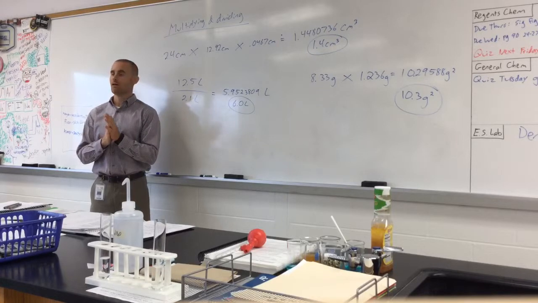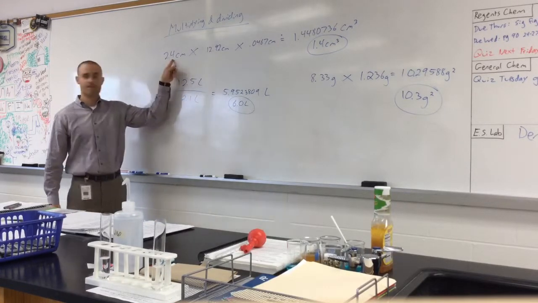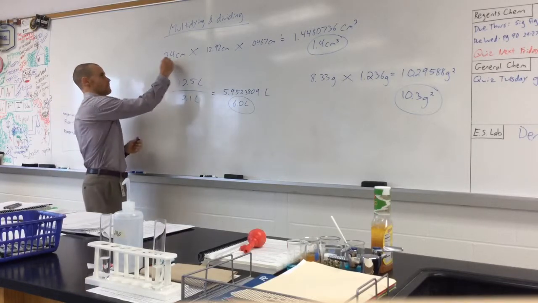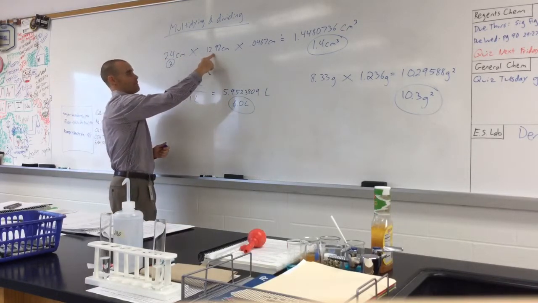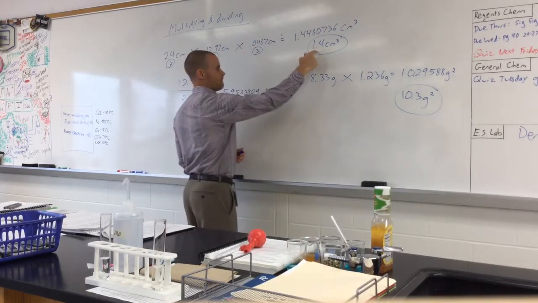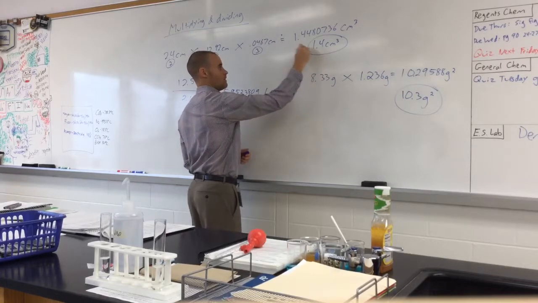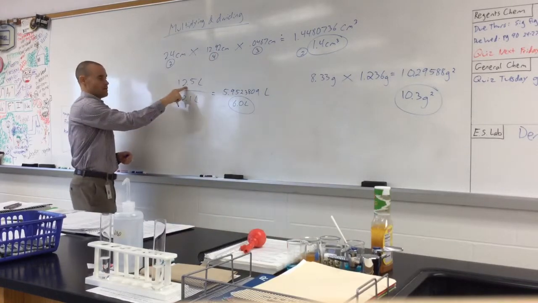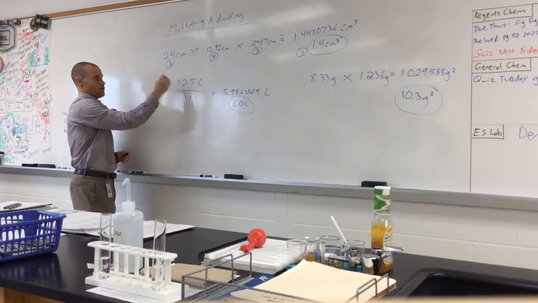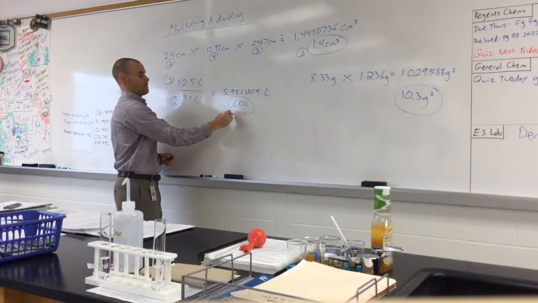It has to do with the number of significant figures. How many significant figures here? 2. How many here? 3. How many here? 2. How many here? 3. How many here? 2. How many here? 2.